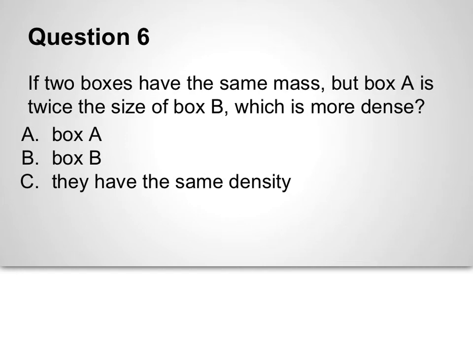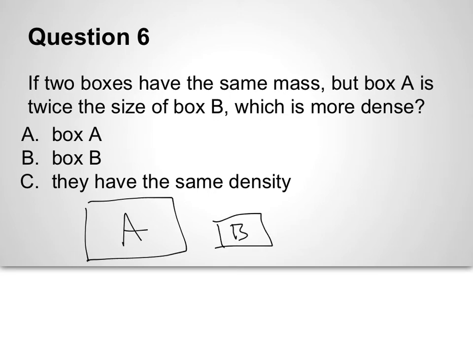If 2 boxes have the same mass, but box A is twice the size of box B, which one is more dense? So remember that density is how much mass is there in a certain space or volume. Well, so we've got box A and box B. It's rough, but A is bigger than B, but they both have the same mass.